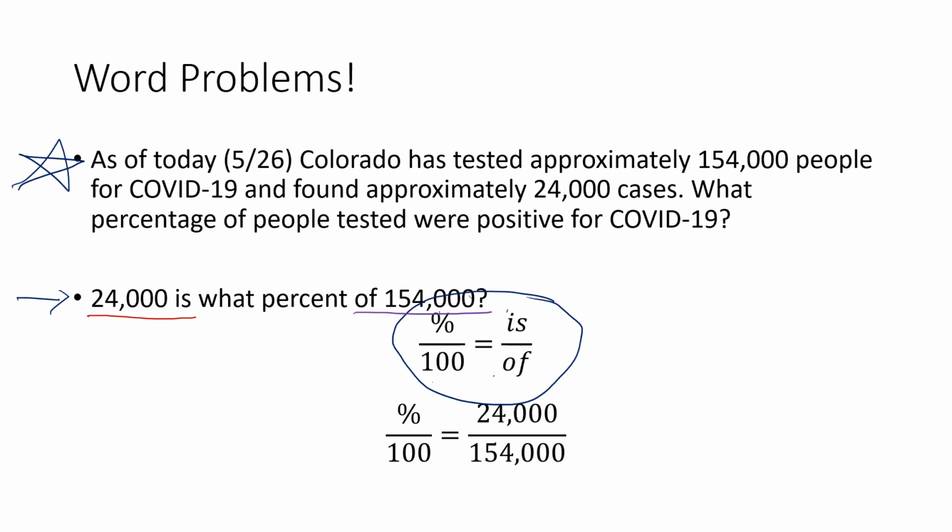That's what we mean by is and of. So when we substitute these numbers in for our formula, we get percent over 100, because this is what we're looking to find. We want to know what percent of people tested positive for COVID-19, equals 24,000, there's our is, over of 154,000.